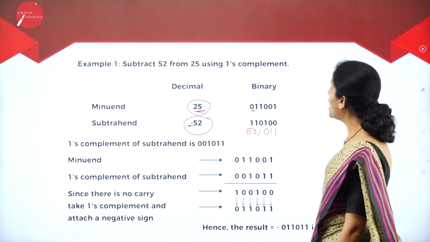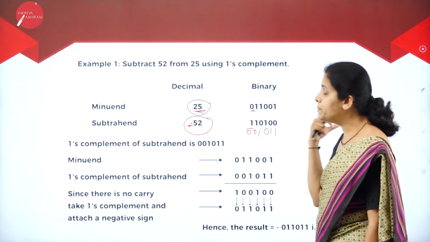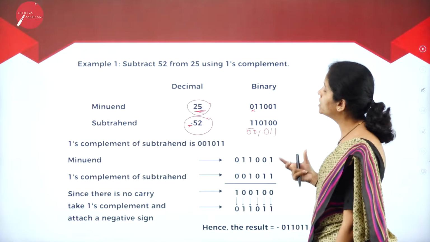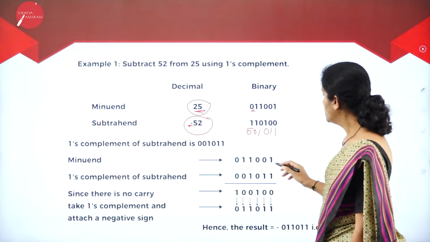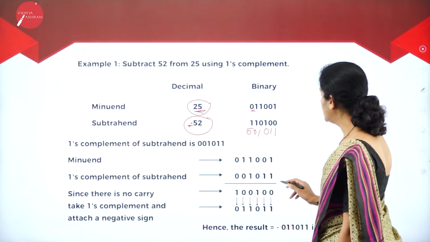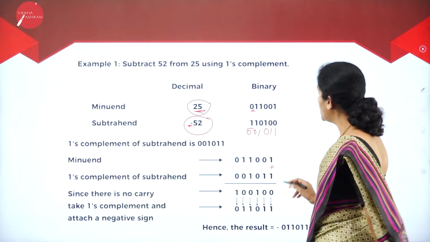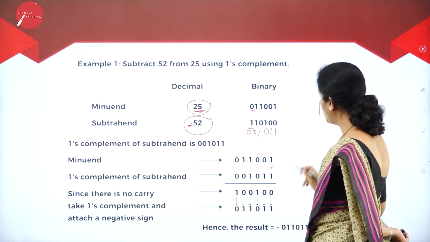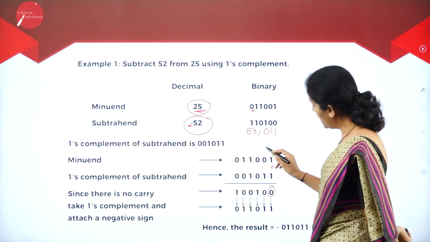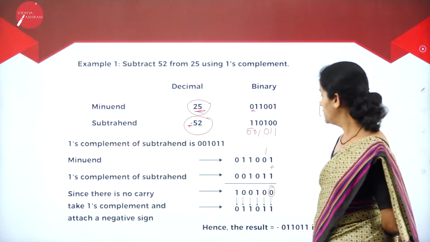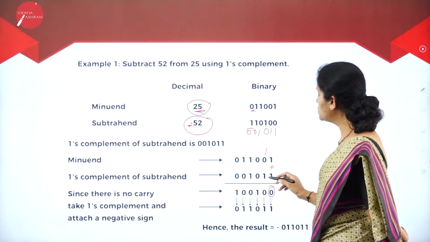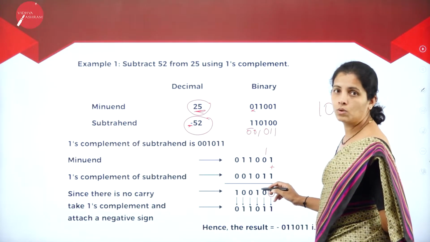Now I'm going to add the ones complement of the subtrahend with the minuend. So I'm going to add, that is 1 plus 1, it is 1, 0. So I'll write the 0 and 1 carry. Now once again 1 plus 1, it is 1, 0.